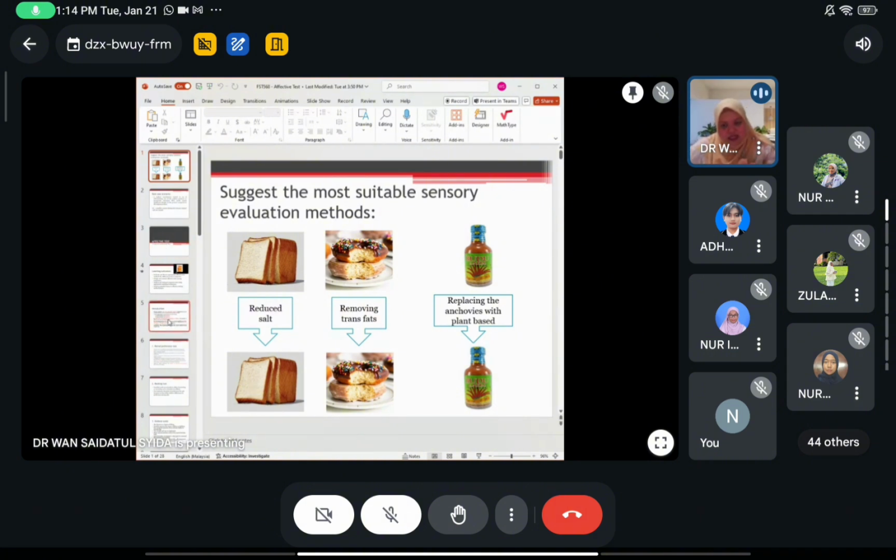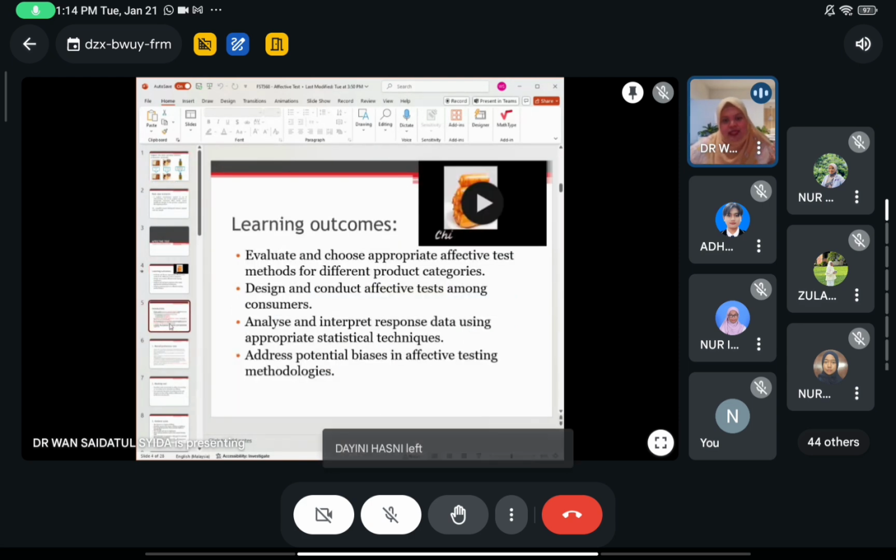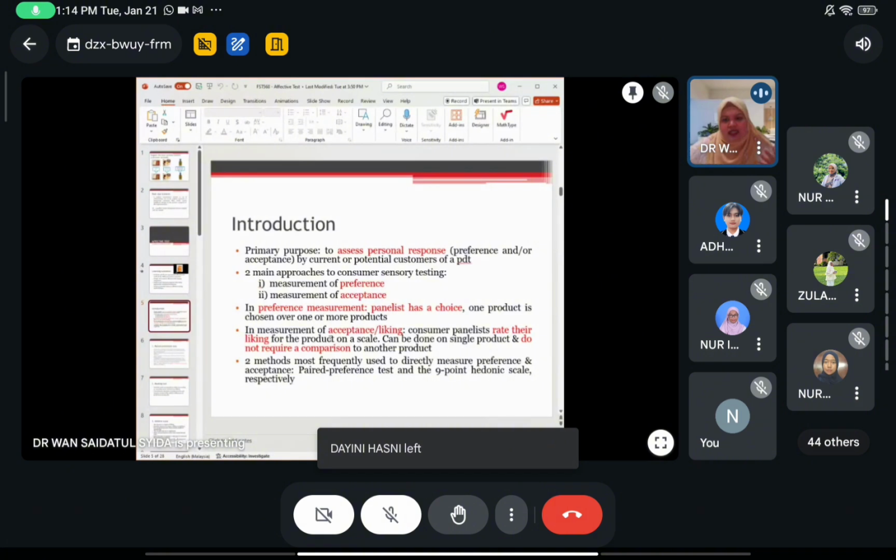Okay, so the affective test is also the same as difference tests. You should know the principles. So, what are the approaches of the affective test? Mainly there are only two approaches. Whether you want to measure the preferences or you want to measure the acceptance.